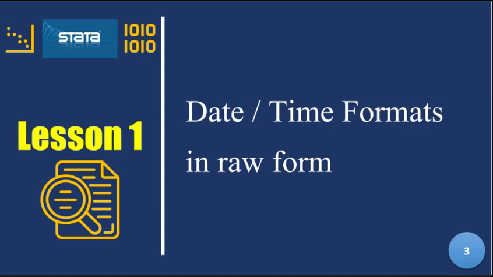We'll be talking about date and time formats in raw form and going into a lot of detail here. By raw form, I mean, if you remember the journey to credible data image that we have been sharing across the modules, when the data comes from the client or from the data collection point, it could come in two forms. The very first form is the string form.